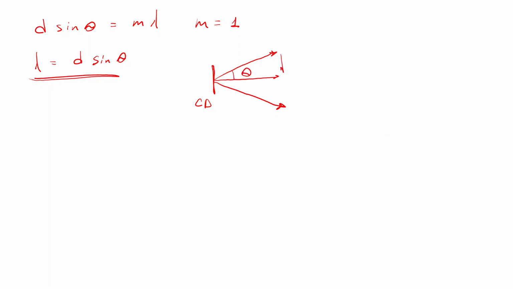This is the distance x between the zero and first order diffraction maximum, and this distance is capital L, the distance between the CD disk and our screen.